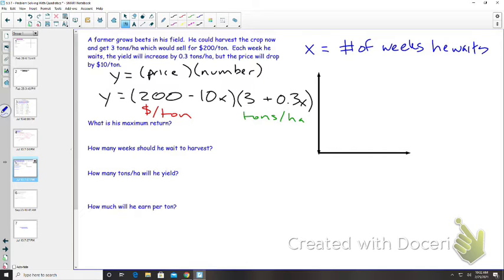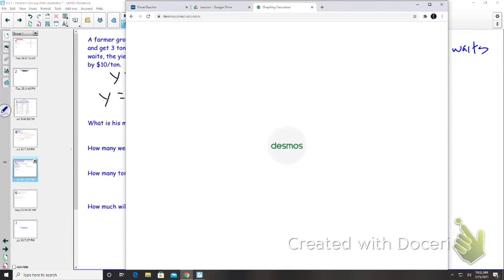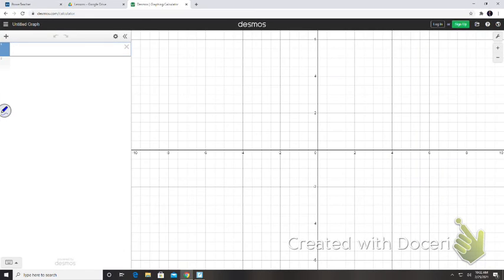I'm going to pull this up on Desmos. Okay, so I got 200 minus 10x multiplied by 3 plus 0.3x.